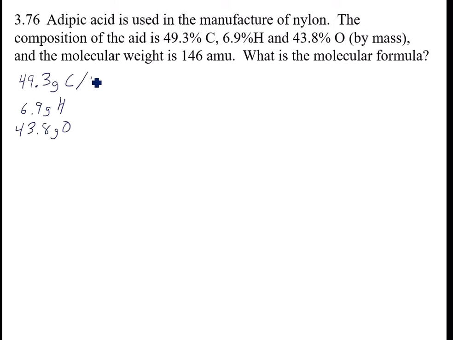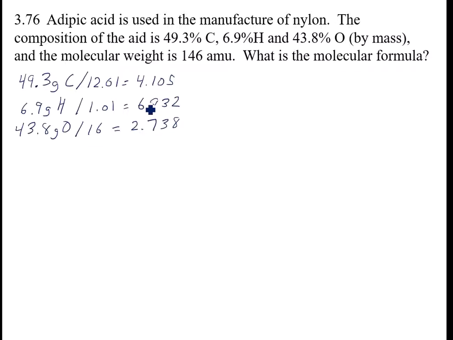Carbon is 12.01, and I get 4.105. I divide hydrogen by 1.01, and I get 6.832. And I divide oxygen by 16, and I get 2.738. Okay, so this is step 1.